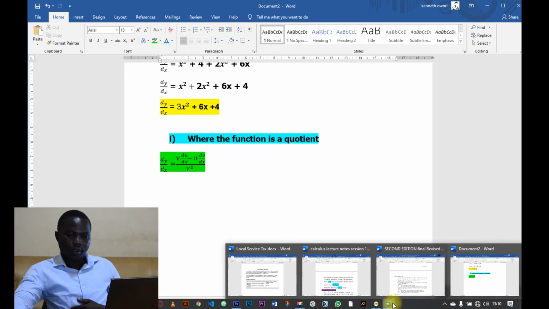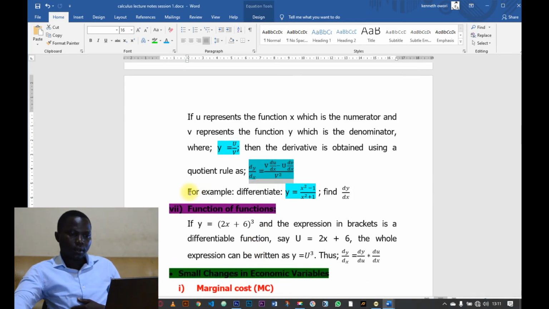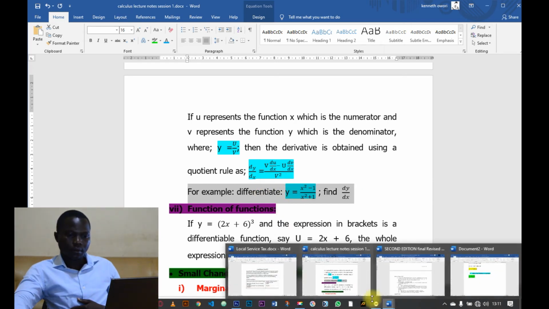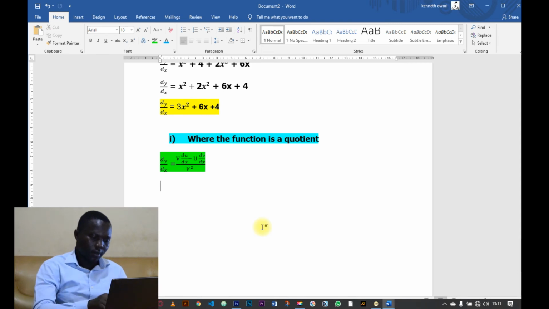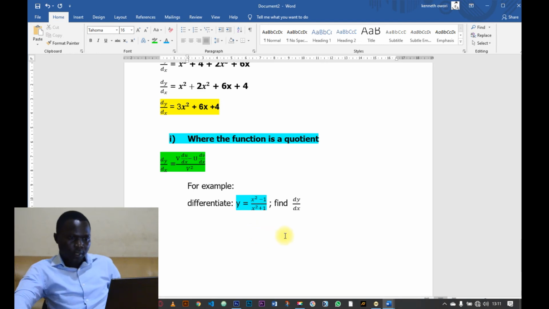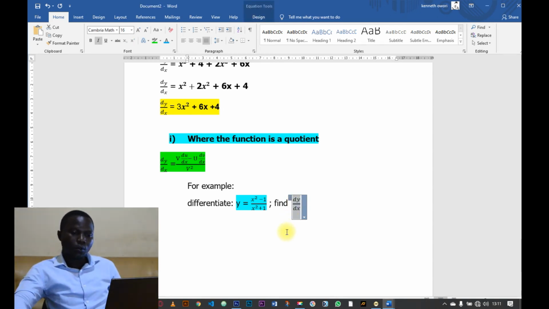So we have an example here. The example says differentiate y equals x squared minus 1 over x squared plus 1. So the question is find dy/dx, meaning we have to differentiate the expression of y to obtain the derivative dy/dx.